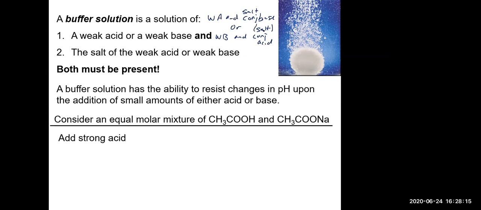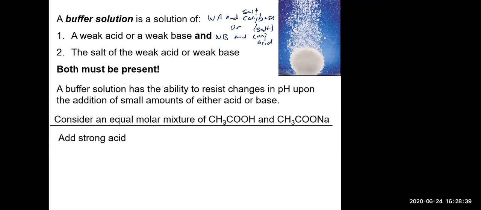It's referred to as the salt of the conjugate acid or the salt of the conjugate base because if you look at the last example we did, there was a potassium there, right? And that potassium is basically what balances out the charge and makes it a salt. Now, both of those things need to be in the solution to begin with in order for you to have a buffer.